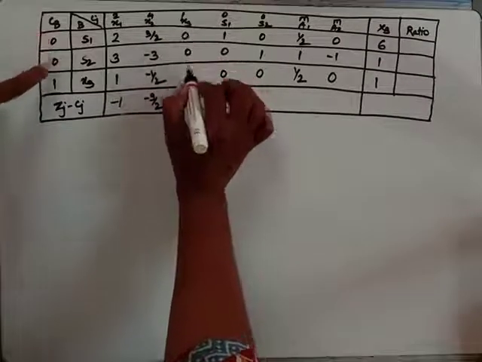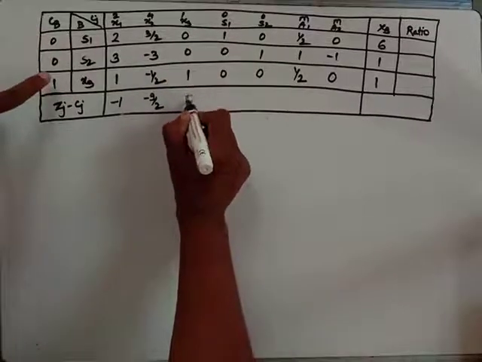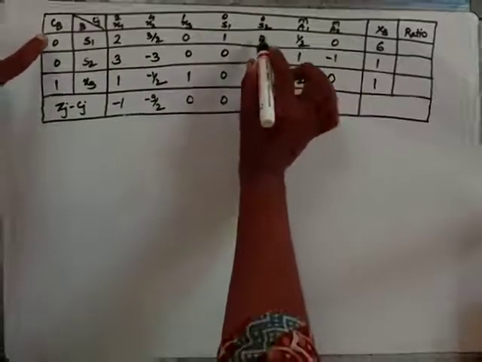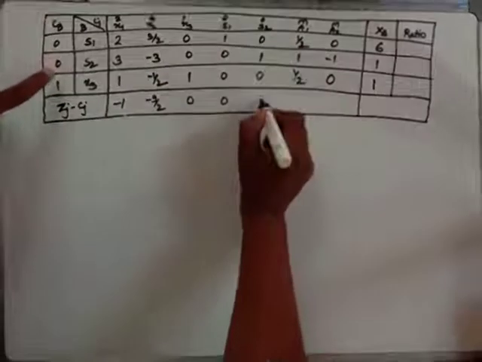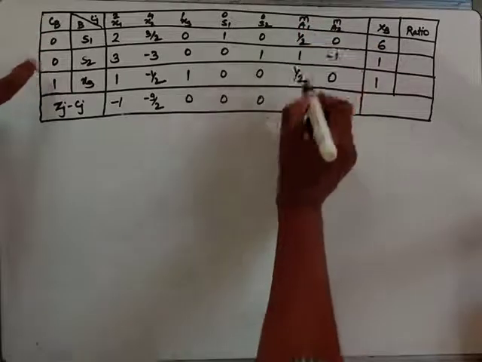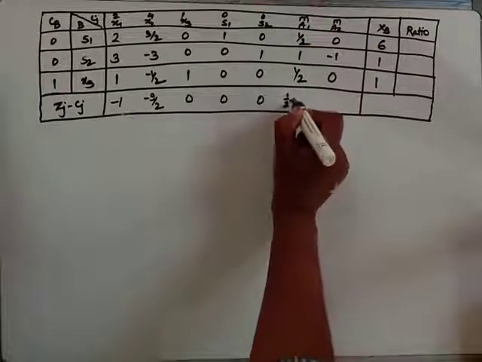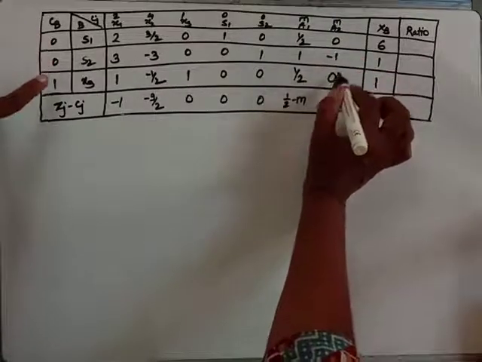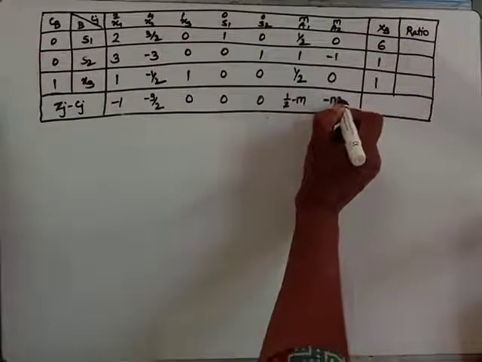So 0, 0, this is 1 minus 1. So it is 0, 0, 0, 0 minus 0. So 0, 0, 0, 0 minus 0. So 0, here 0, 0, half minus M. So half minus M. Now here 0, 0, 0 minus M. So it is minus M.